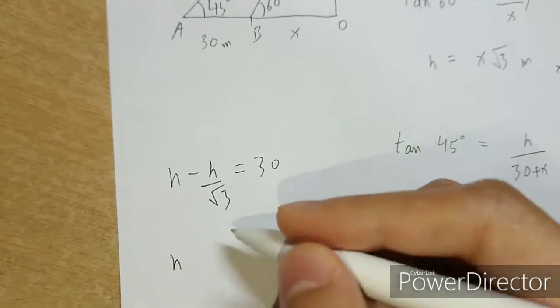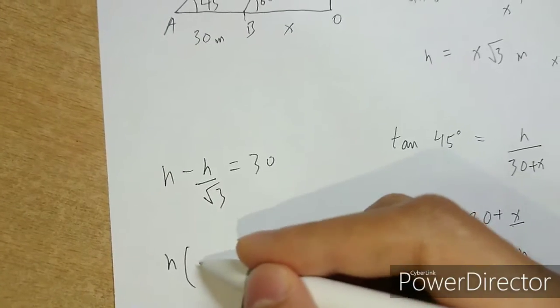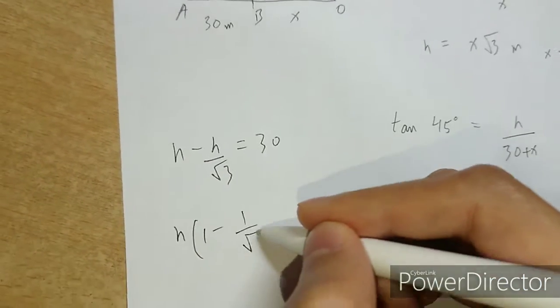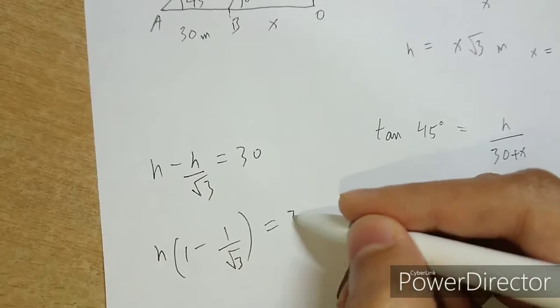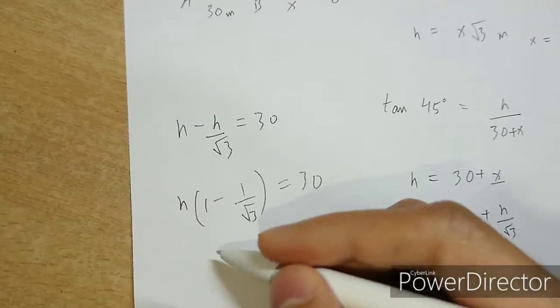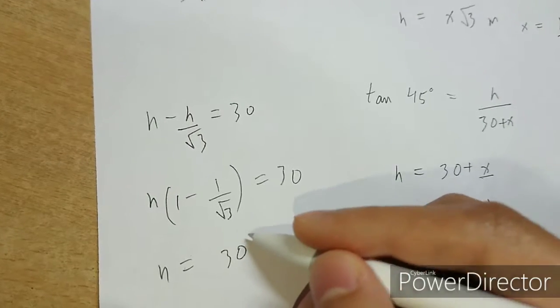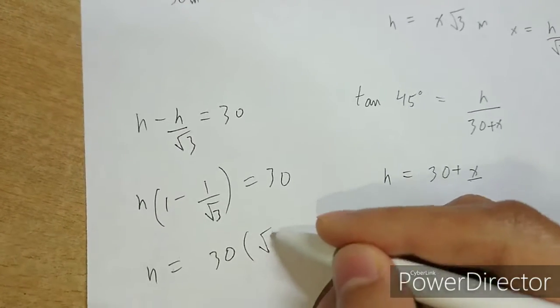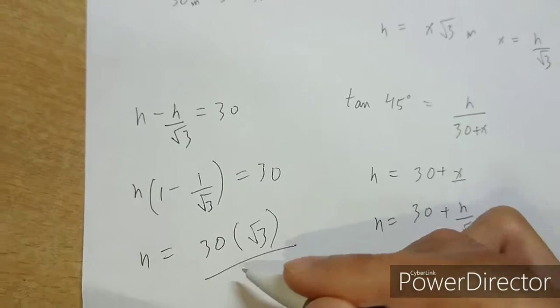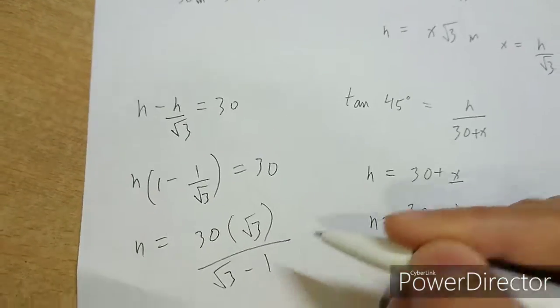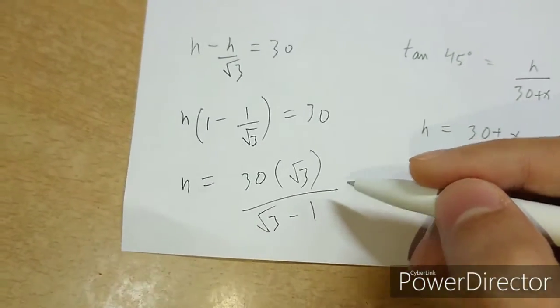You can solve this as h times 1 minus 1 over root 3 equals 30, and if you solve it, you get root 3 minus 1 in the denominator.